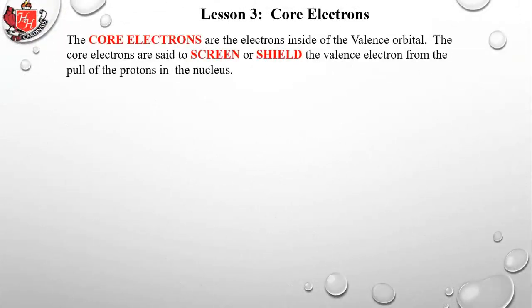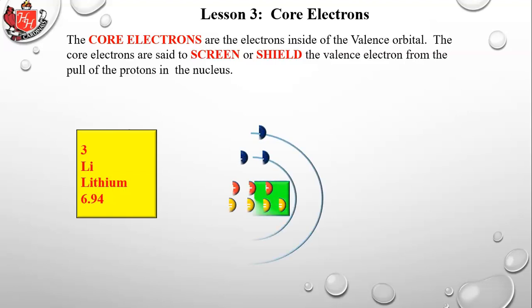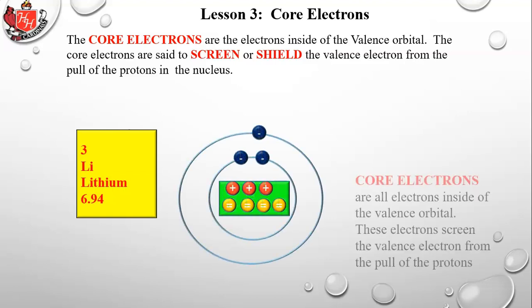The core electrons are the electrons inside of the valence orbital. The core electrons are said to screen or shield the valence electrons from the pull of the protons in the nucleus. So if we take a look at the lithium atom, core electrons are all electrons inside the valence orbital. So lithium has 2 orbitals.